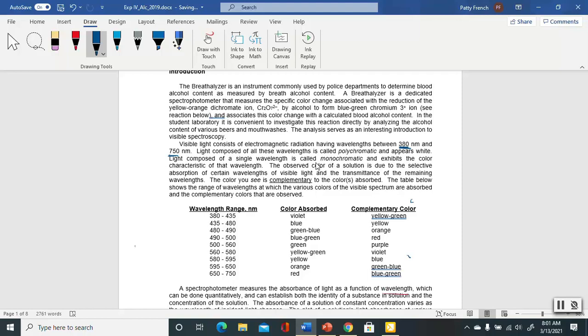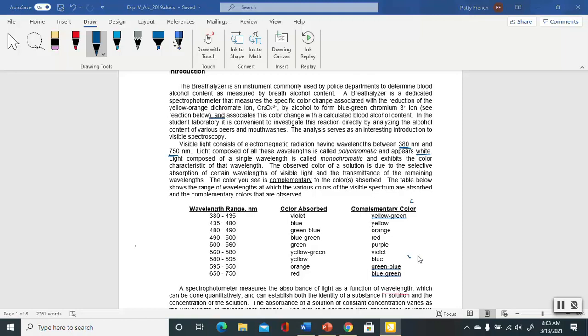Now, truly, completely polychromatic light looks white to us, or colorless. What we're going to be looking for is not a group of wavelengths, is not white. We're going to be looking for that blue.